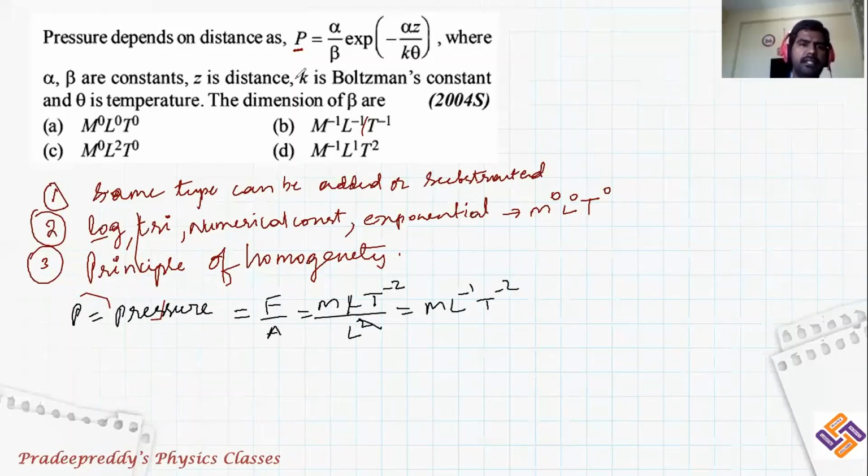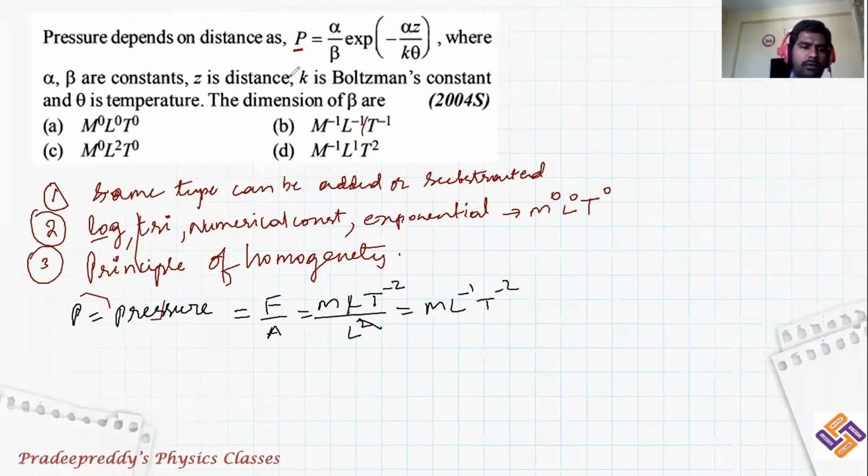Next, you are being given P is equal to alpha by beta exponential of this total parameter, where alpha, beta are constants, z is distance, k is Boltzmann constant and theta is temperature. Now you should find out the dimensions of beta.